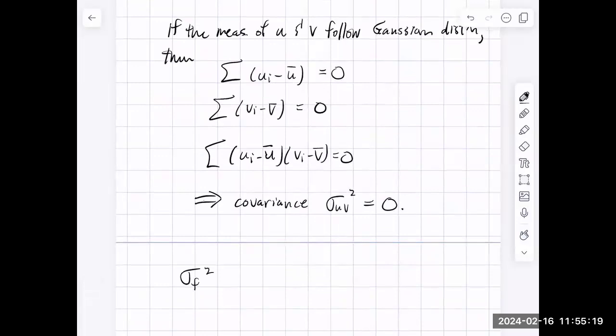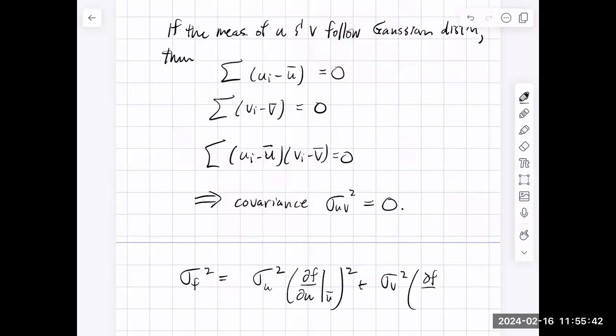And in that case, the uncertainty in your calculated value of f is equal to, well, I'm doing the square of that. The square of the uncertainty in f is equal to the square of the uncertainty in u times df du evaluated at u bar squared, plus the square of the uncertainty in v times df dv evaluated at v bar squared.